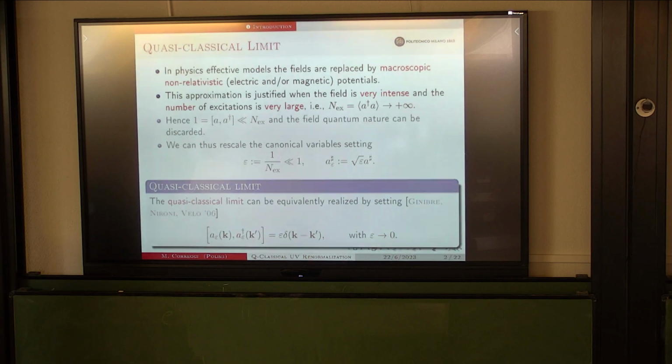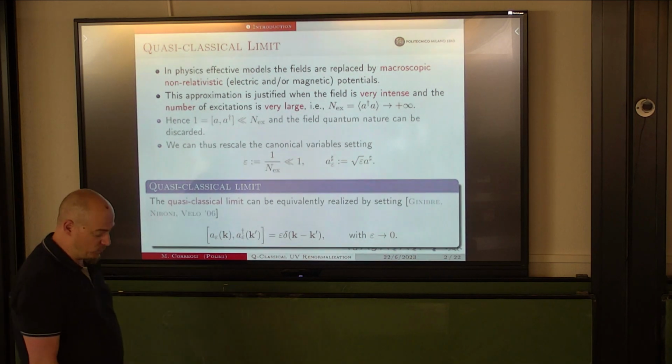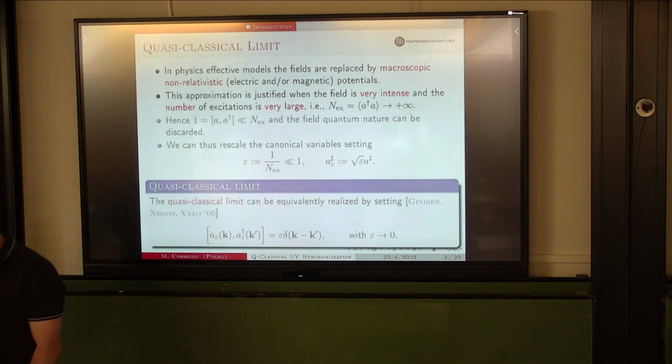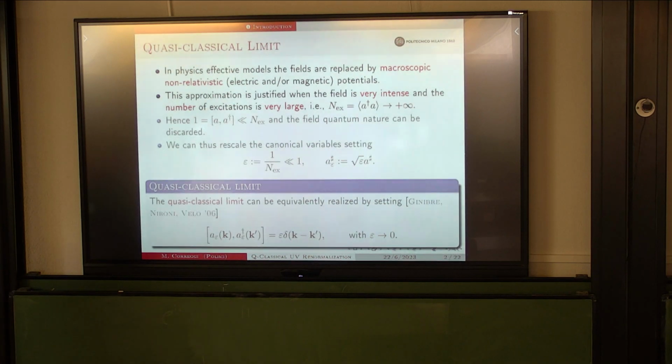Now, let me tell you what this quasi-classical limit is. It's a limit in which I want to replace a quantized field with its classical counterpart. And when is it supposed to be correct? One case in which this is supposed to be true is when the field is very intense.